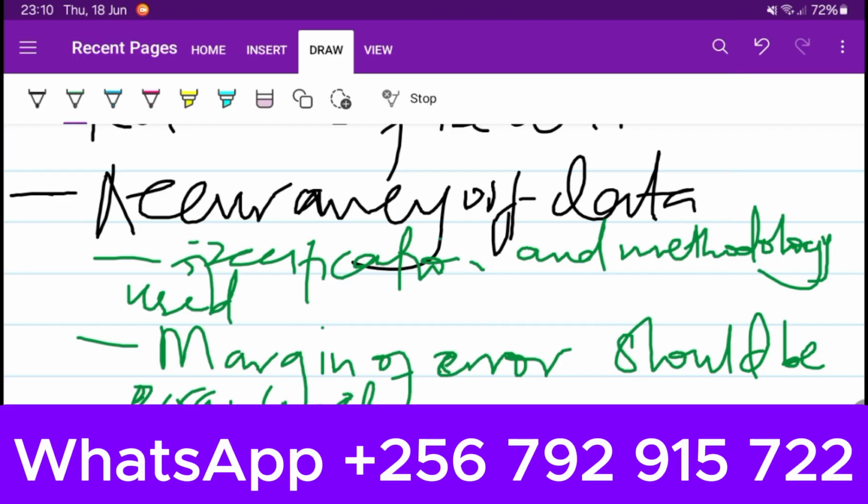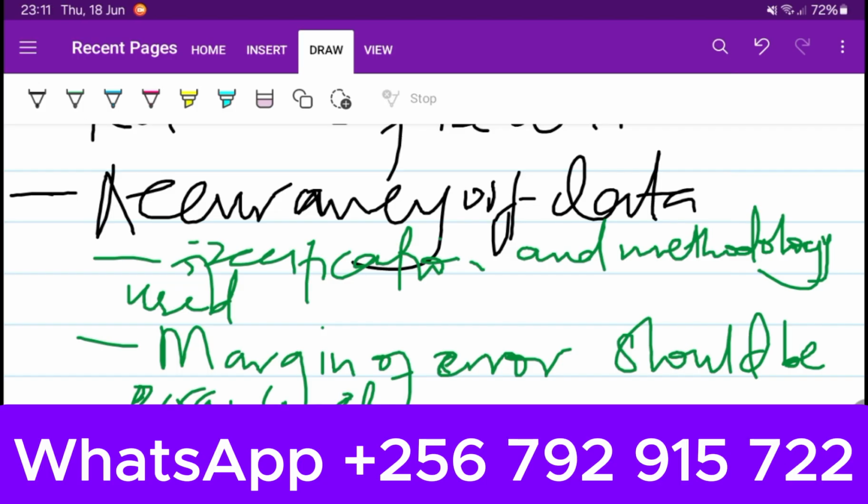We shall talk about the margin of error and then the standard of error. Those are some of the things that we shall encounter when we go to confidence intervals and hypothesis stuff. Those are some of the things that we shall talk about from there.